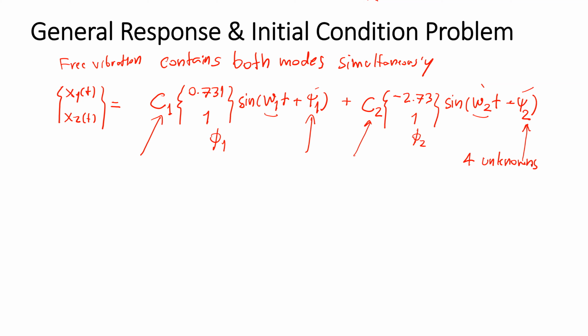The idea how to obtain all the unknowns depends on the initial conditions. It means x1 and x2 at time 0, and also x1 dot and x2 dot at time 0.